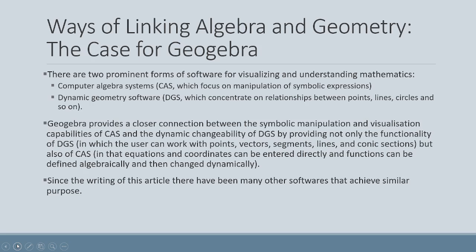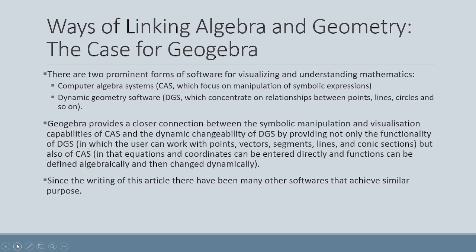So first, there's CAS, which is a computer algebra system, and this focuses on manipulation of symbolic expressions. Then we also have DGS, which means dynamic geometric software, which concentrates on relationships between points, lines, and circles.